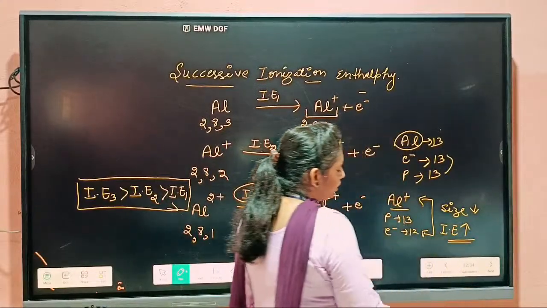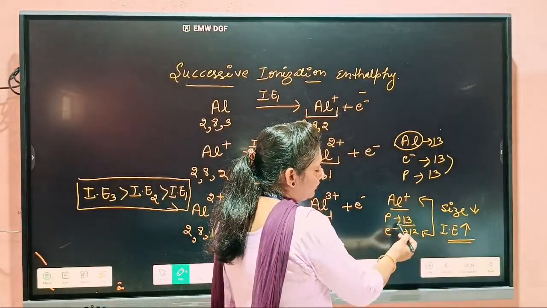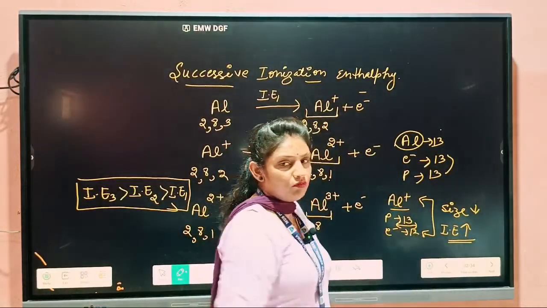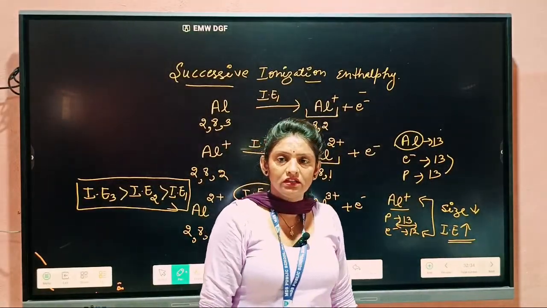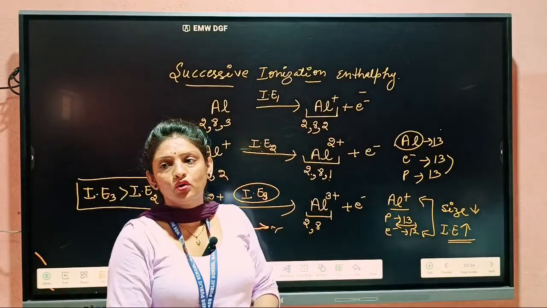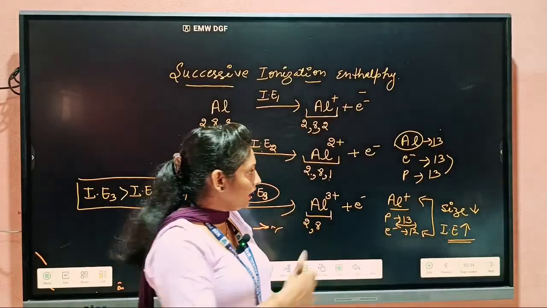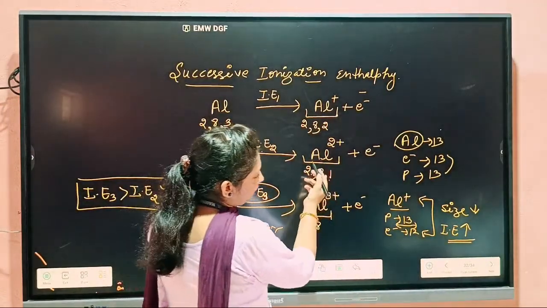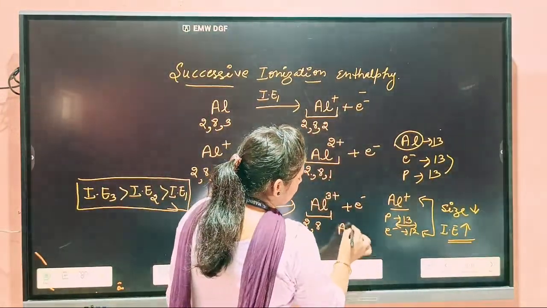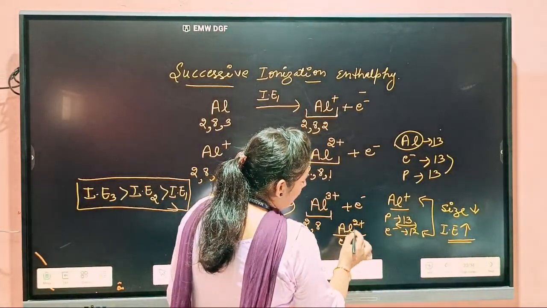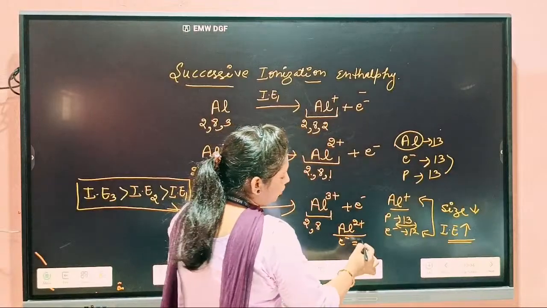Why is it so? Because here 13 protons can hold the 12 electrons more tightly. So we need to give more energy to release the electron. Again, the size decreases further in case of Al2 plus. Here how many electrons are there? 11.